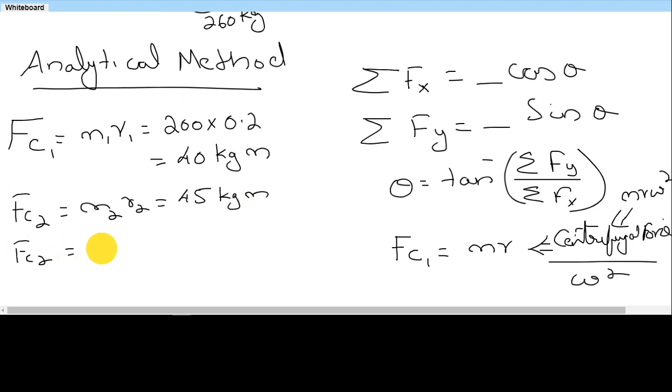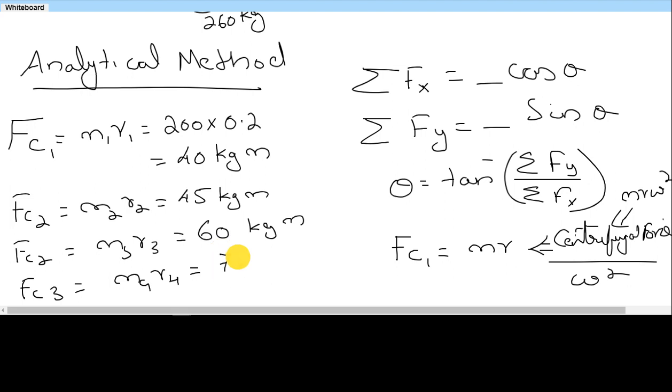FC3, that will be m3 r3, that will be 240 times 0.25, 60 kilogram meter. This unit is important. FC4 is equal to m4 r4, and that will be 260 times 0.3, 78 kilogram meter.